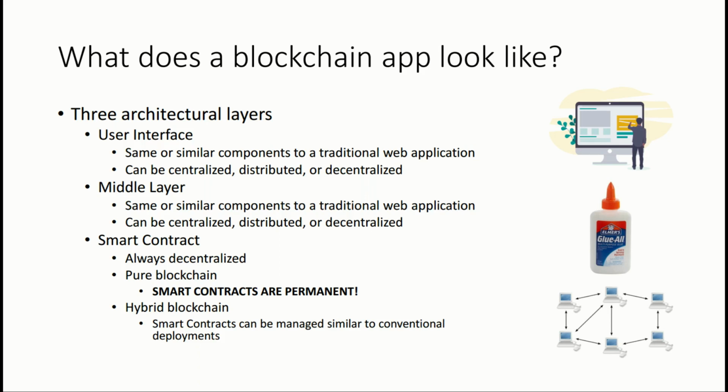But before we can talk about the ramifications of the type of platform you're building on, let's first understand what a blockchain application looks like. And in any blockchain application, you're going to have three primary architectural layers.